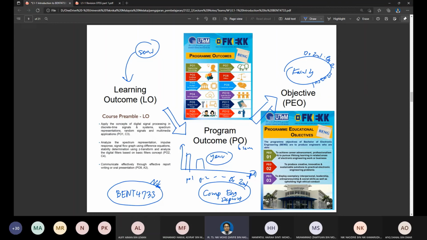Then Dr. Zul is evaluating every single student in Band R, including Nurul Aisyah. How is her performance from semester 1 to 6 and her PO attainment? Meaning Aisyah got how many percent for PO1, PO2, PO3, and so on and so forth, right?